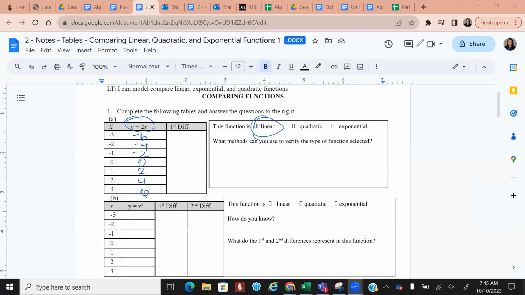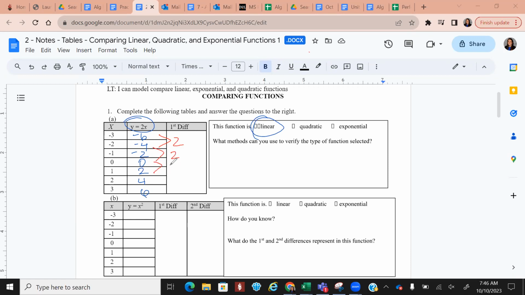Okay. Now, do you remember back in the last unit where we said, if we find the first difference and it's all the same, then it's linear? Well, watch what's going to happen. If I find the first difference between these numbers, I take -4 minus -6, that's going to be a difference of 2.